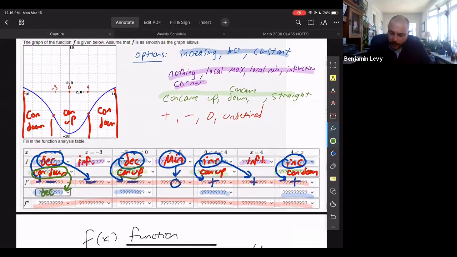This concave up part means that the derivative must be increasing. Same thing here. Do people see what I'm saying there?